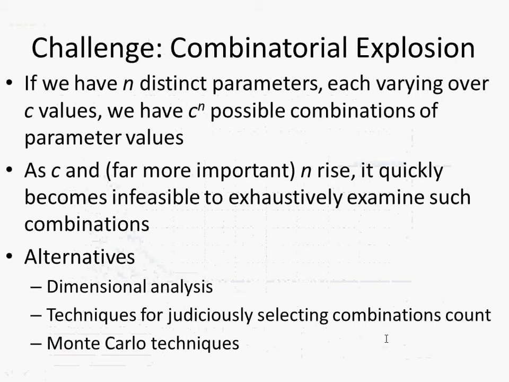The challenge in this is that it tends to scale poorly. Why do I say that? You could read the slide in front of you, but can anyone at an intuitive level tell me why I say this scales poorly with the number of parameters with respect to which you're trying to examine sensitivity?